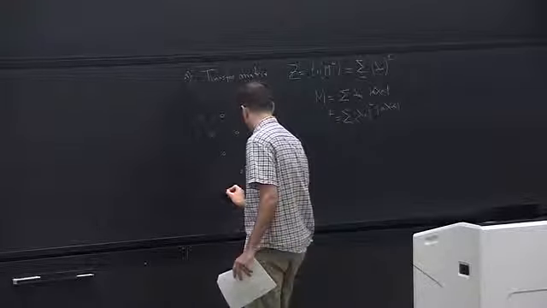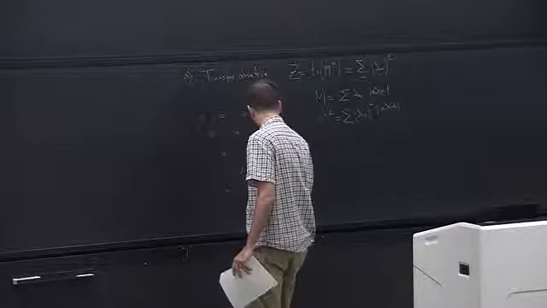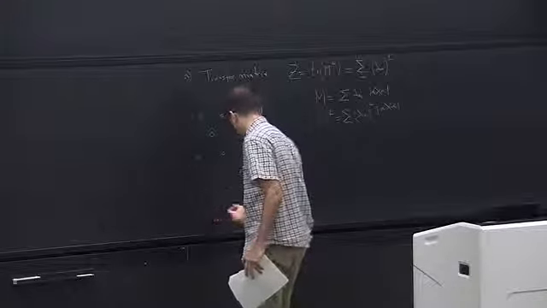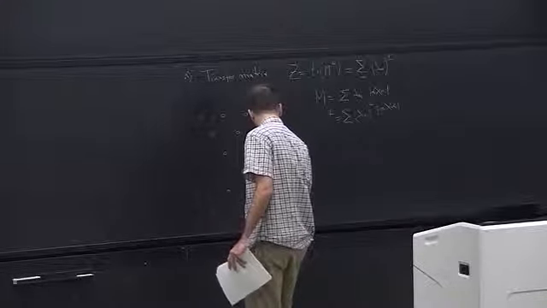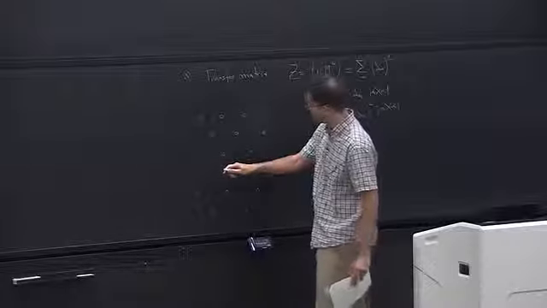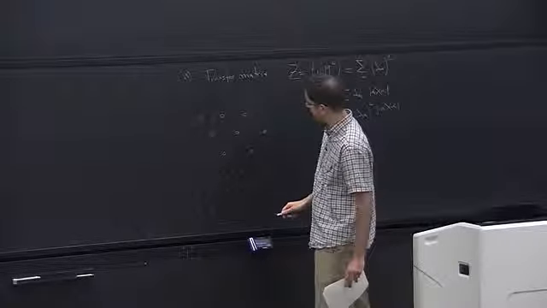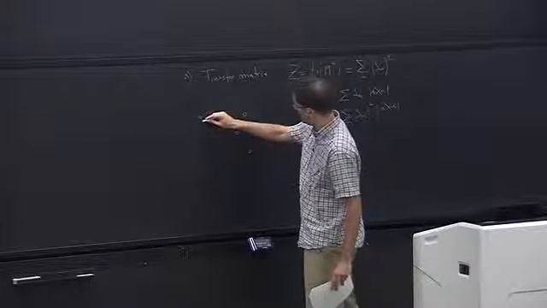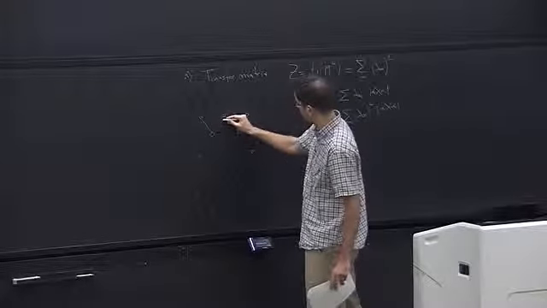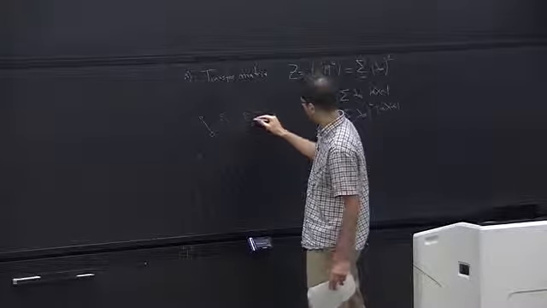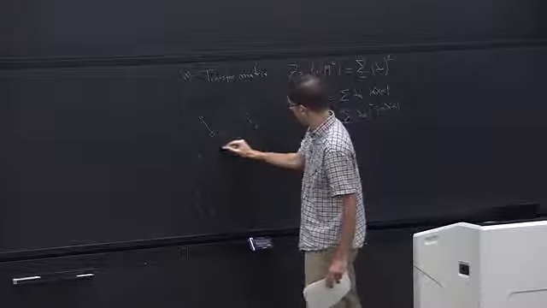So that's my choice. You could choose something else to build a transfer matrix. So these are the spins. And now the Boltzmann weights on these spins are connecting nearest neighbors. So there will be Boltzmann weights like this.